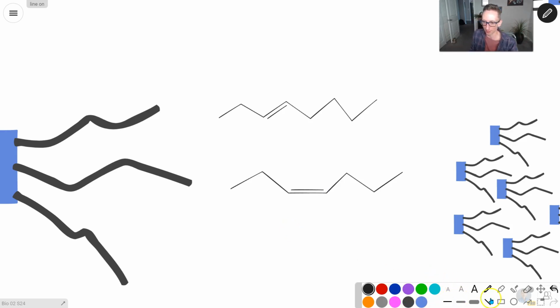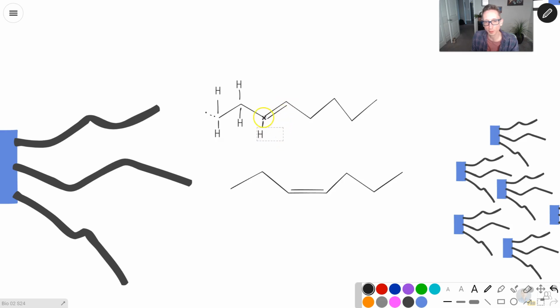We could draw in our little hydrogens here. Hydrogen, hydrogen. This would keep going. Hydrogen, hydrogen. This one's only going to have one hydrogen because it's got this double bond.